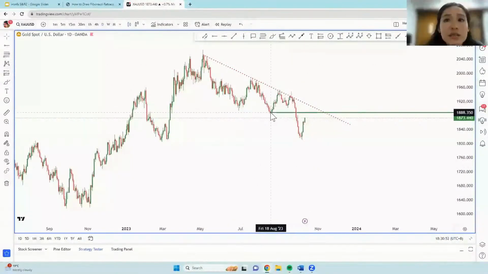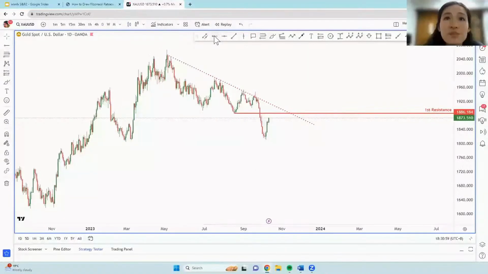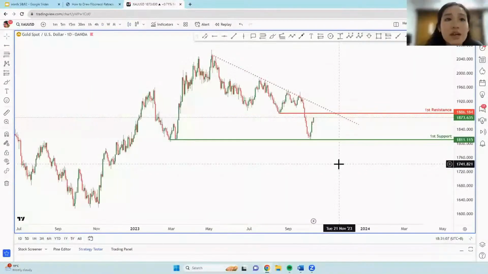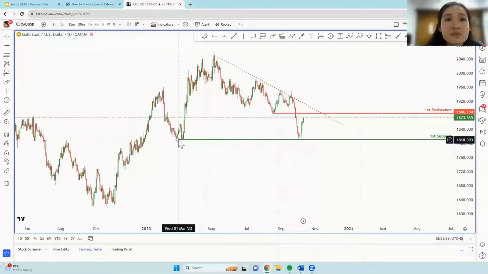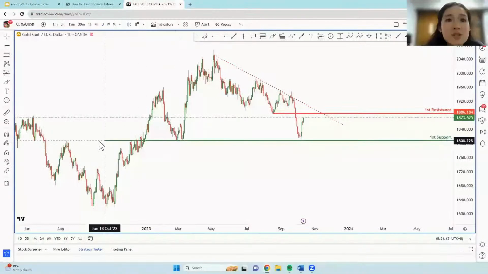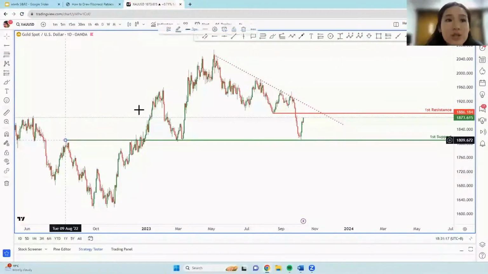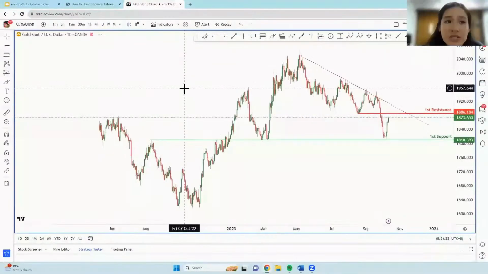Okay, and maybe I'll just place my first resistance there and my second resistance here, or rather my first support here. Okay, so a good habit is to try and see how far back you can put your support and resistance levels.